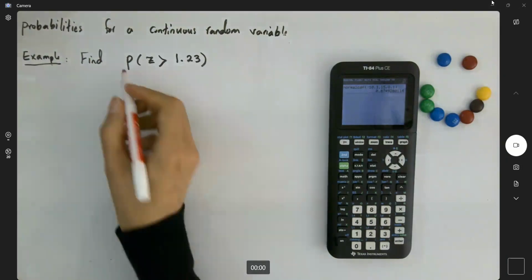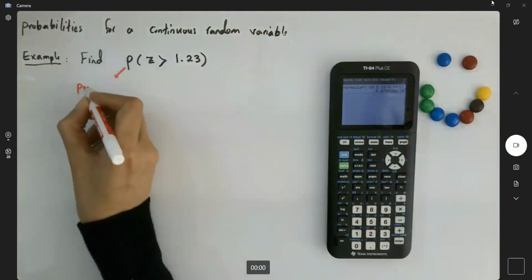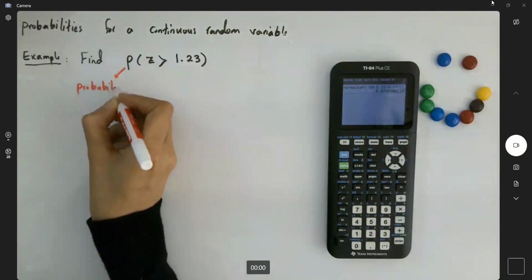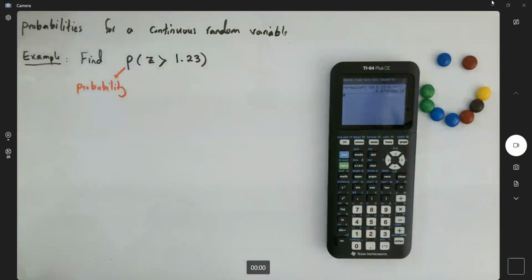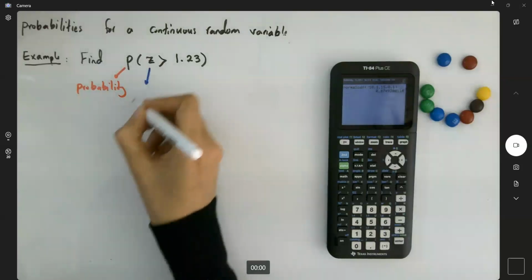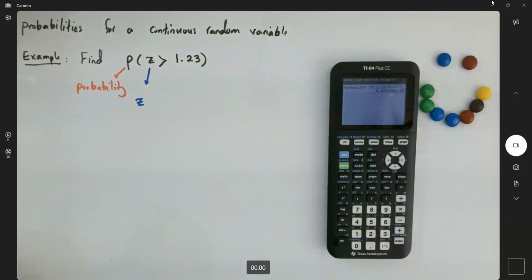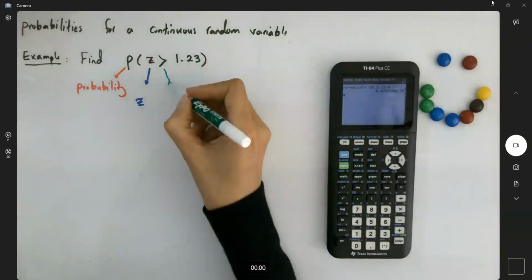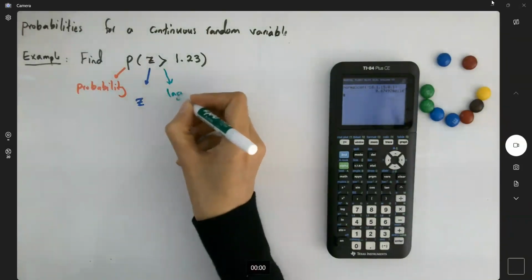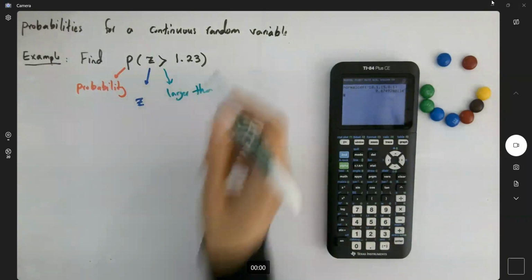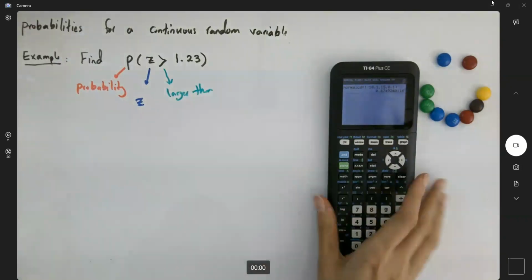So P represents probability that my z-score z is larger than, remember the keyword, larger than, more than, larger than 1.23. So let us graph this guy first.